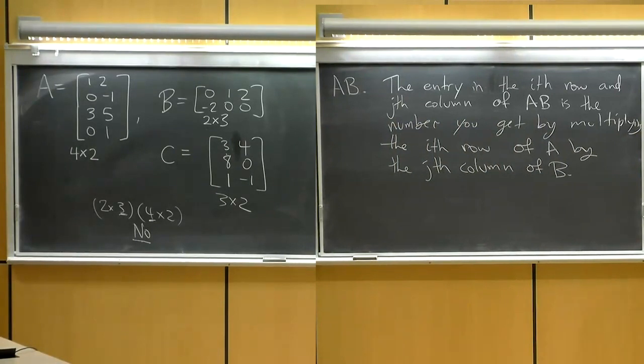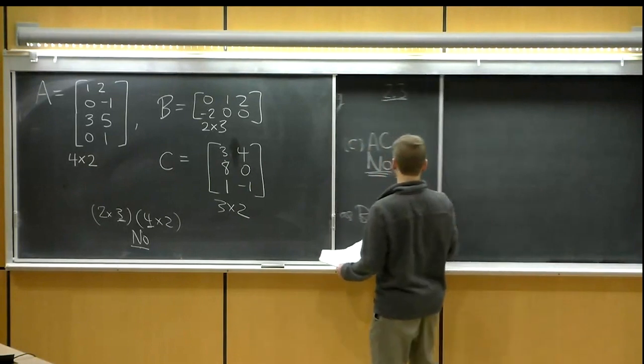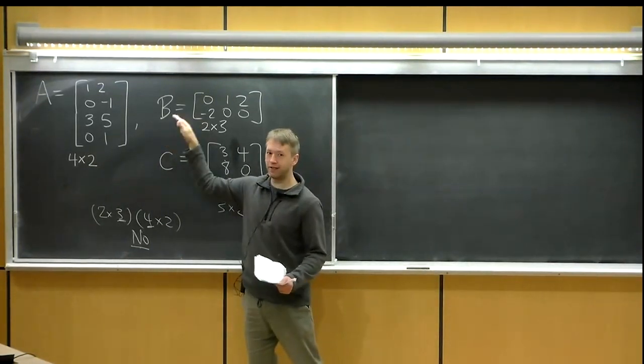I should probably clarify again, what do I mean by multiplying a row by a column? Because it's a bit of a strange operation. So again, A and B are still these matrices.